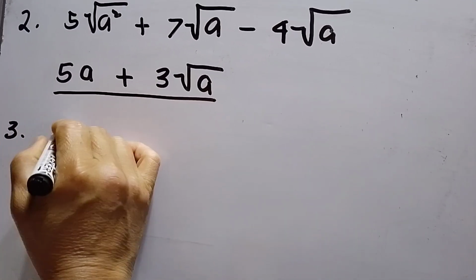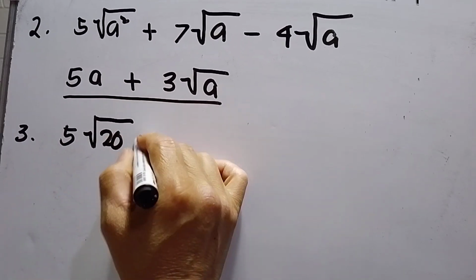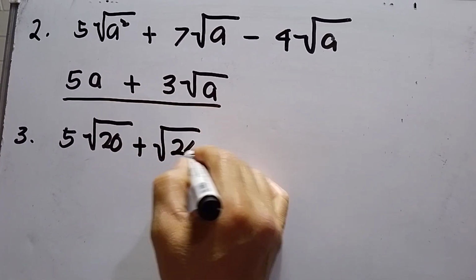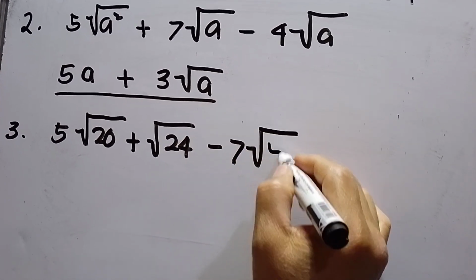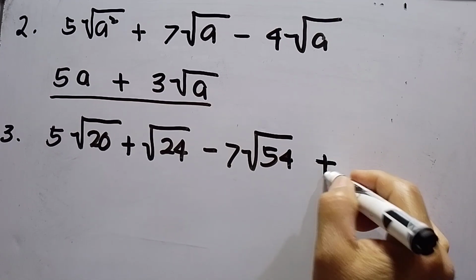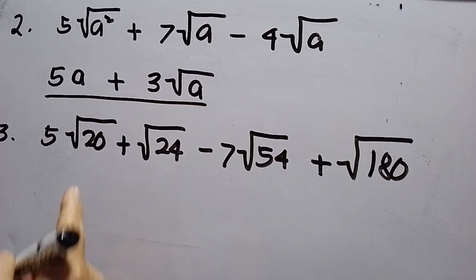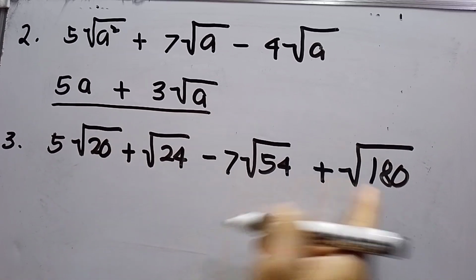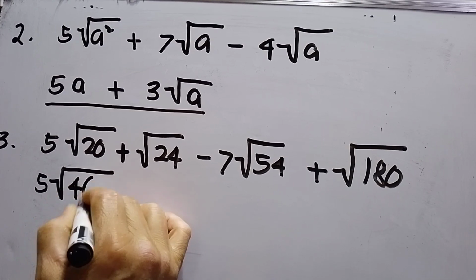Number 3, 5 square root of 20 plus square root of 24 minus 7 square root of 54 plus square root of 180. So I need to split this one. Split. So 5 square root of 4 times 5.